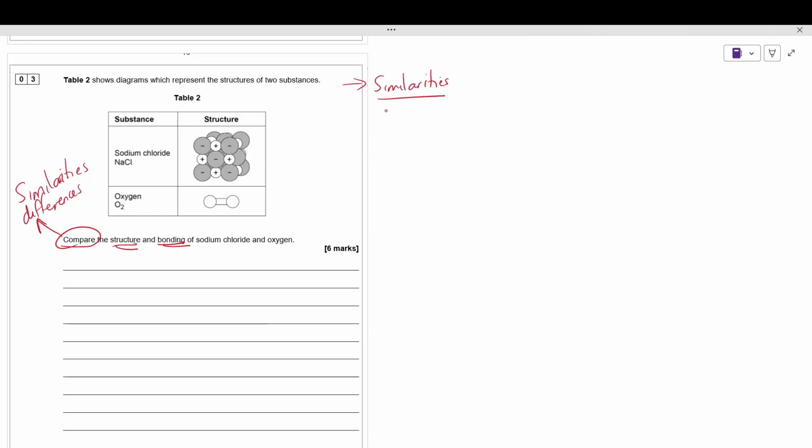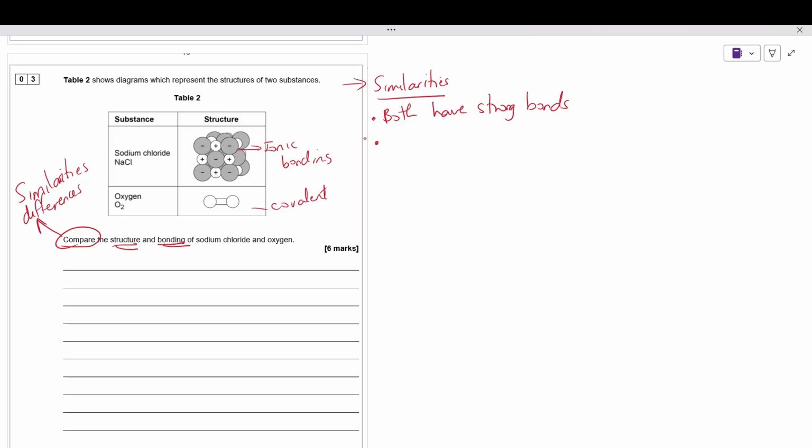Okay, so similarities: both have strong bonds. Yes, I know that the type of bond that they have is different, but both bonds are actually strong. So this is ionic bonding, and the oxygen is covalent in nature. So technically the type of bonding is different, but the bonds themselves are quite strong.